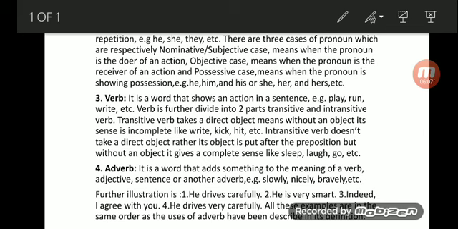The third example is showing us that an adverb is adding something to the meaning of a sentence. And the fourth and the last example is showing us that an adverb is adding something to the meaning of another adverb.